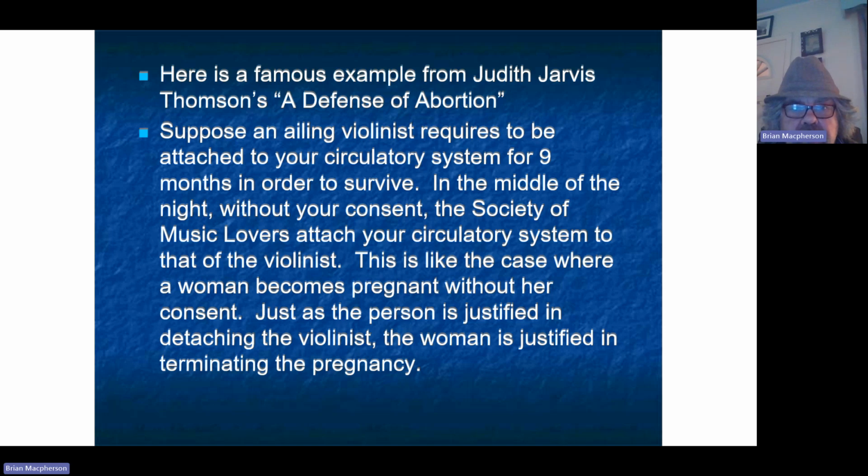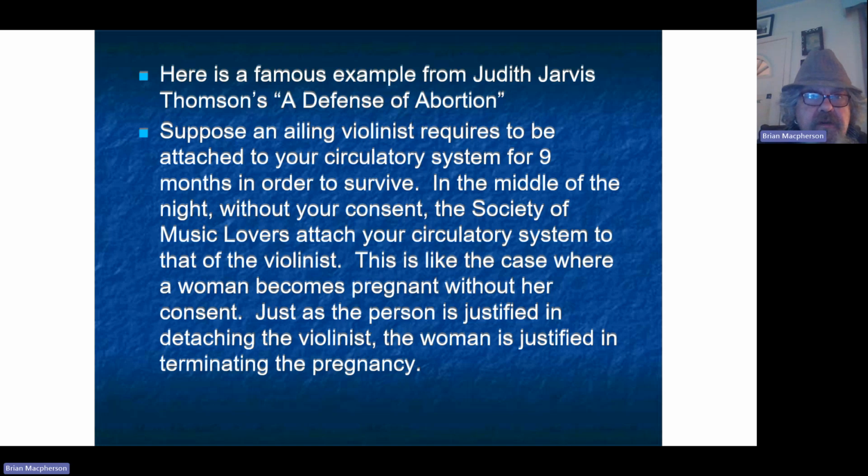She says that just as the person is justified in detaching the violinist, the woman is justified in terminating the pregnancy, right? So what she's talking about are cases of pregnancy that are involuntary. And so she's saying that those cases are analogous to an ailing violinist. And she's saying that if you believe that a person has the right to detach the ailing violinist if it was done without their consent, then the mom has a right to detach the fetus if it was done without her consent.